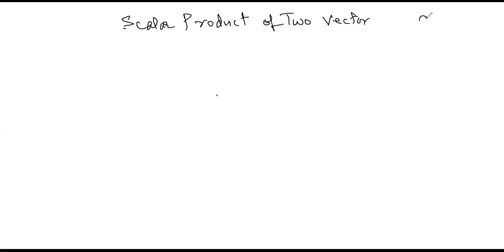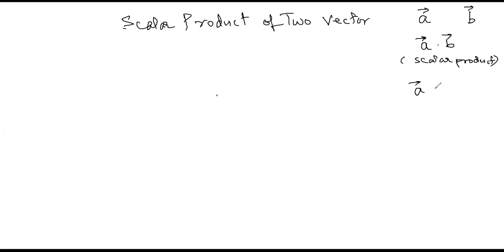In vectors, suppose this is a vector A and another vector is vector B. So we have two types of product. One is scalar product, that is denoted by a dot, A dot B. This is called scalar product because this product will give you a scalar quantity.